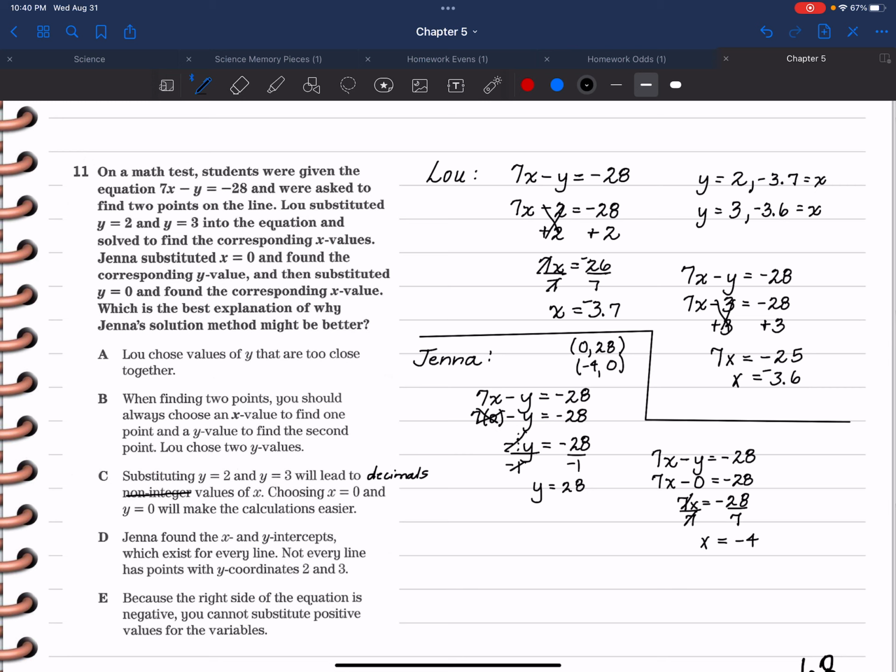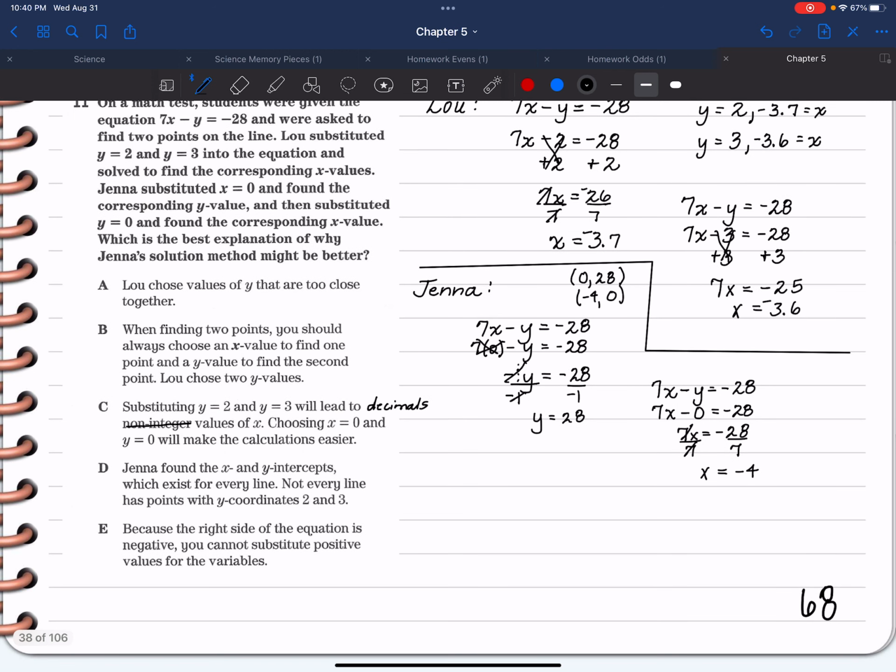Jenna found the intercepts which exist for every line. Not every line has points with x or with y coordinates 2 and 3. Intercepts don't exist for every line. Let me show you an example of that because this is a point that you really do need to know.